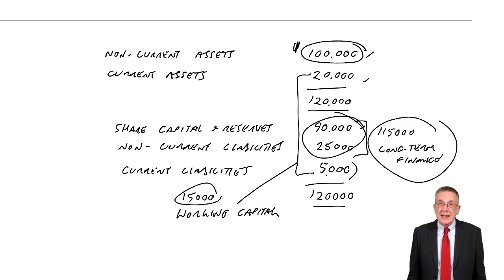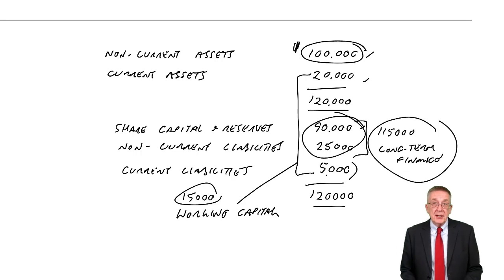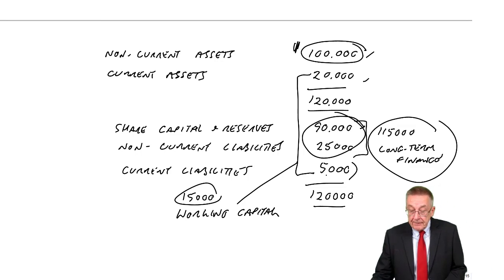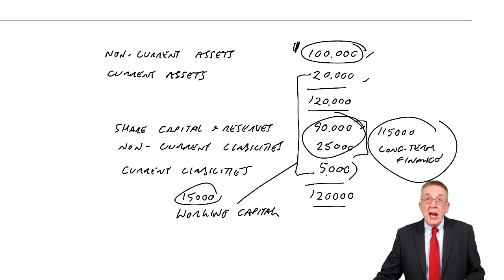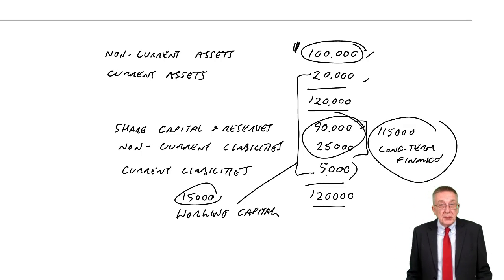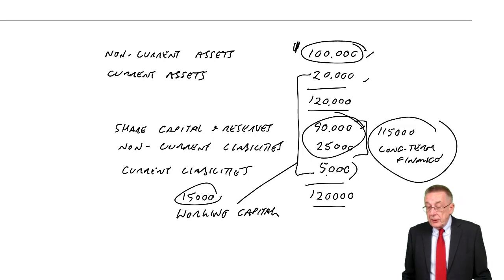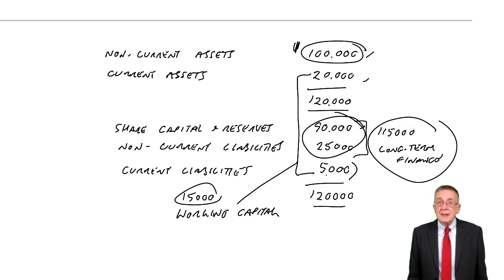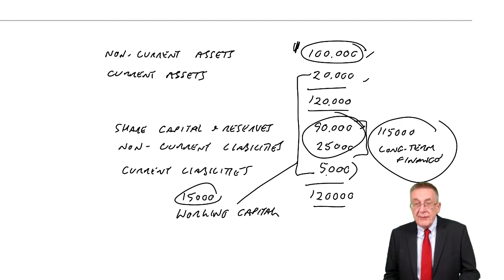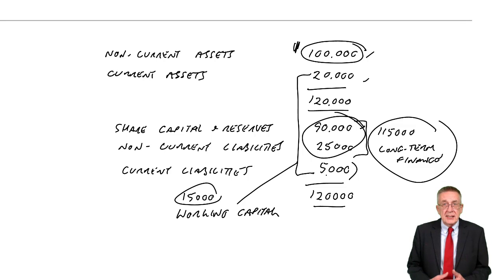It's long-term money that's being used for the working capital. Now, the alternative will be to use short-term money. Instead of having that loan of 25,000, a long-term loan, they could have used overdraft finance. And the 25,000, therefore, would be a current liability.